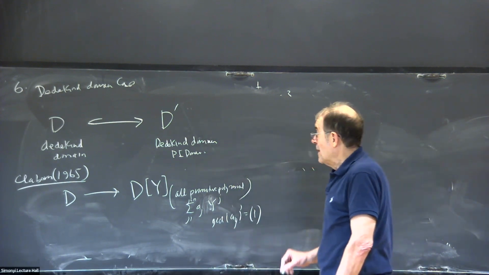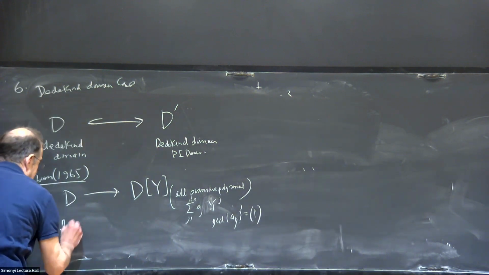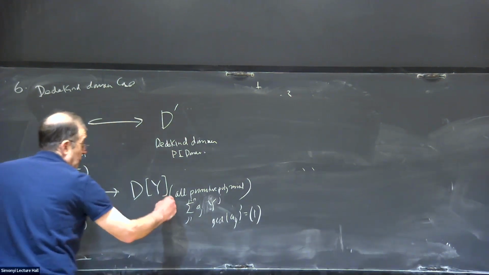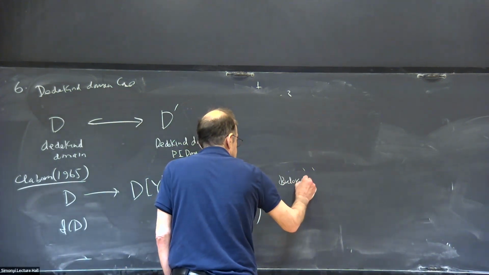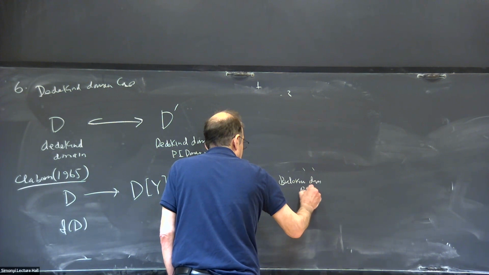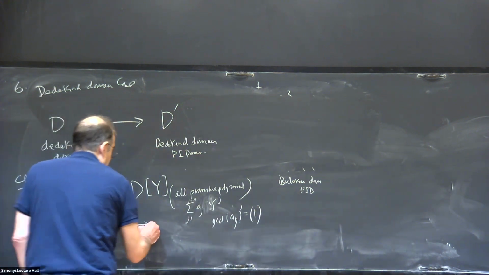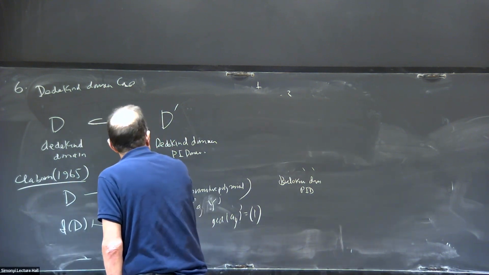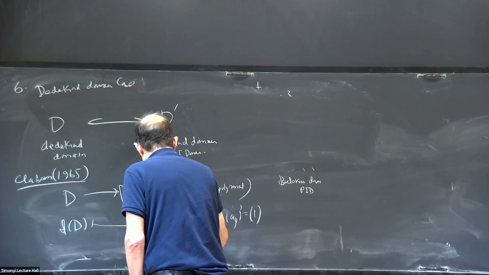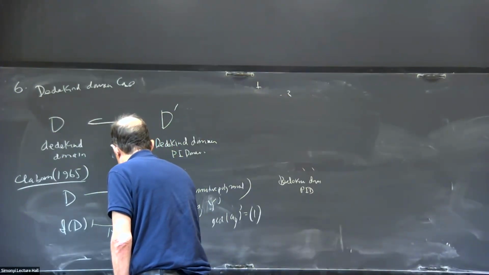Okay. And what this does on the level of ideals, first of all, the theorem is this is a Dedekind domain and it's a PID. But it's better than that. The ideals match 1-to-1. So the ideals that occur in this new thing, D prime, there's a 1-to-1 onto correspondence.